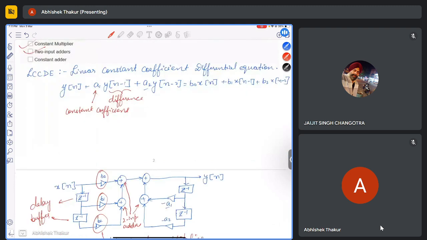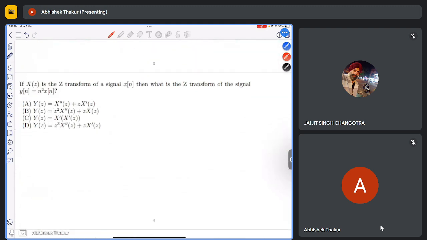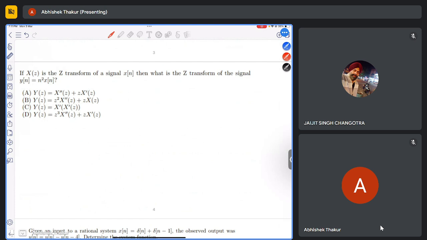We'll move on to the next question now. If X of z is the z transform of x of n, then what is the z transform of the signal y of n equal to n square x of n?